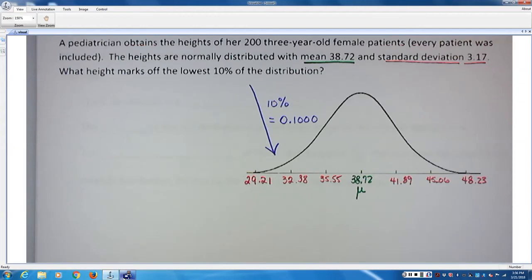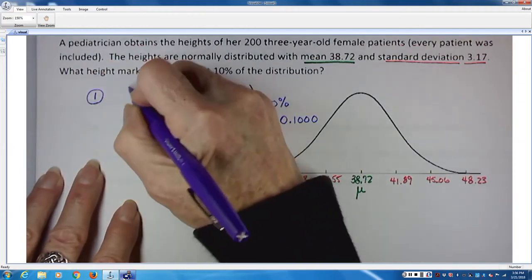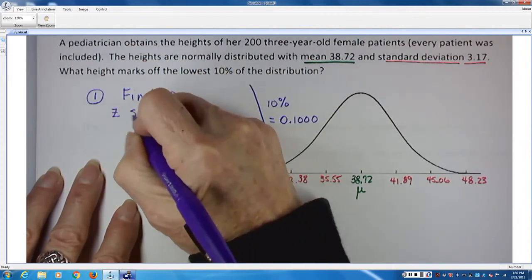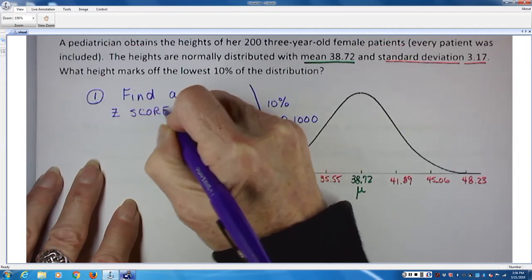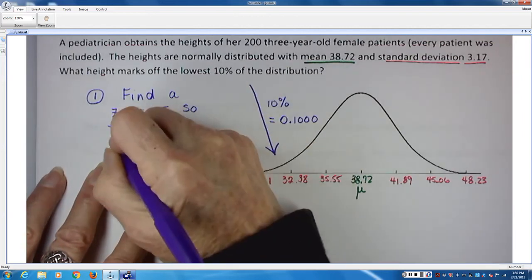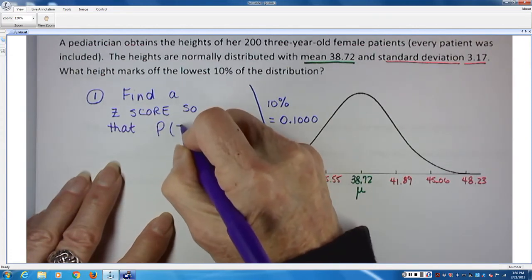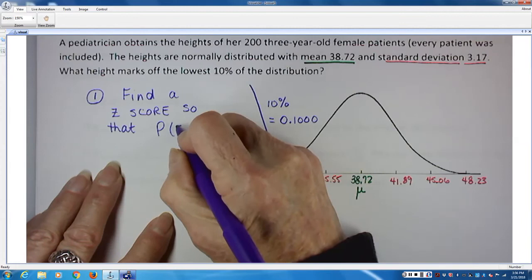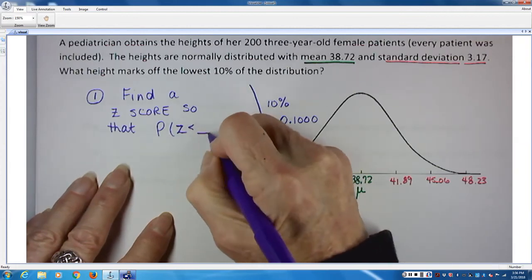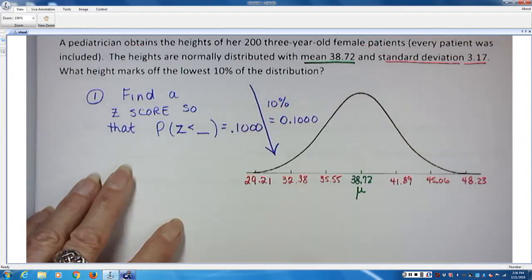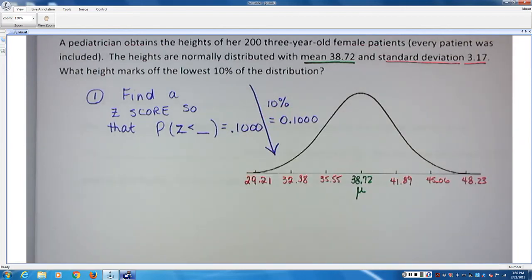So in order to figure out where that is, we need to find the z-score. So that the probability of whatever we have being less than the number that we're going to find is going to be the percentage.